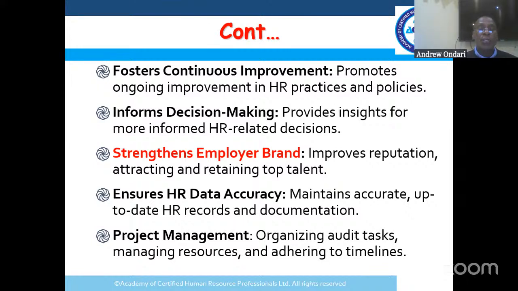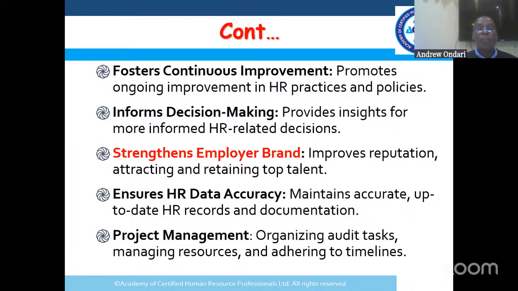Through HR audit, again, we are able to strengthen our employer brand. Employer brand is the reputation of the organization, which helps to attract and retain top talent. When we have effective HR functions, we are likely to attract people.